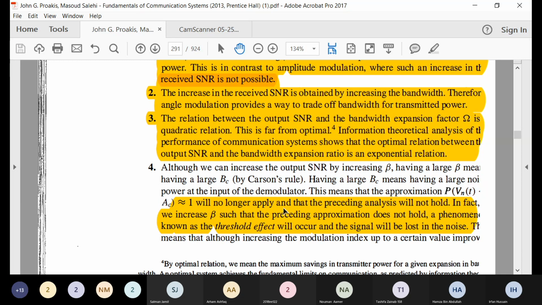That will no longer hold once the noise voltage becomes very large because of the increase of beta. So in fact, this means we cannot increase beta indefinitely.